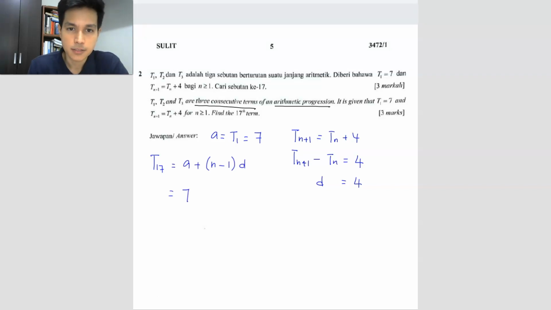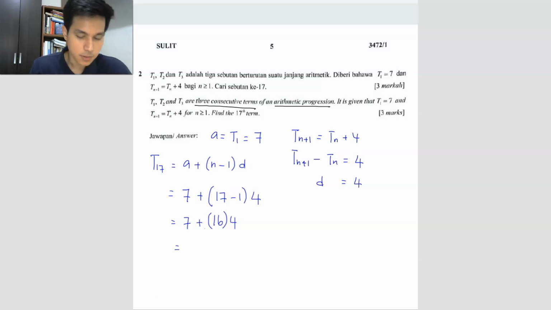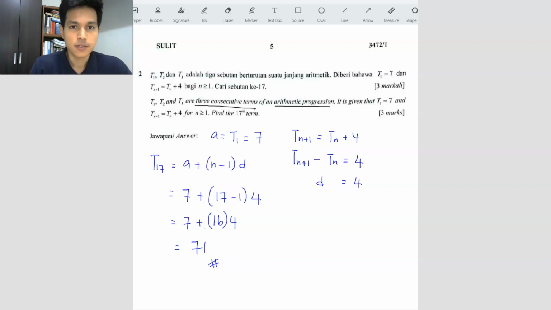So A is 7 plus n is 17 minus 1, D is 4. So 7 plus 16 times 4. Okay, so you should get your answer straight away, 71. So term number 17 is 71. Clear? Alright, next.